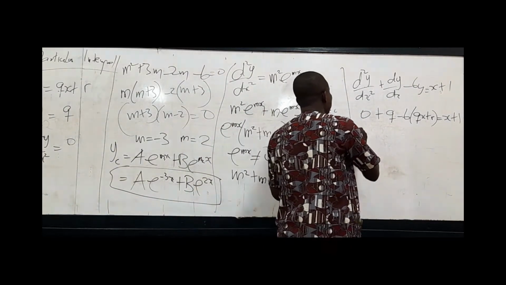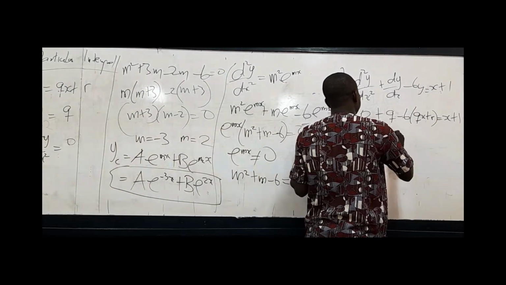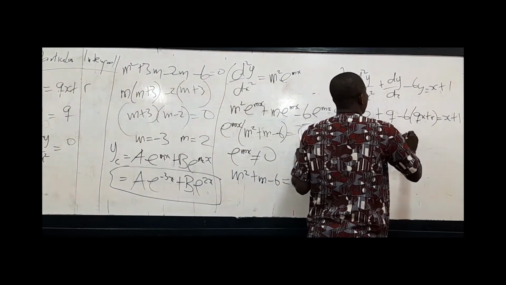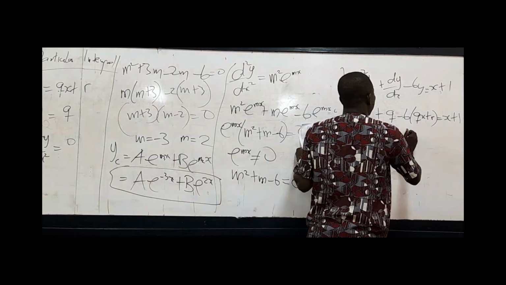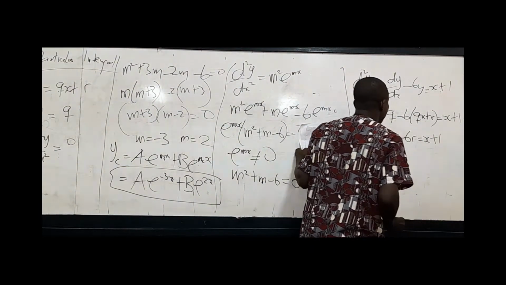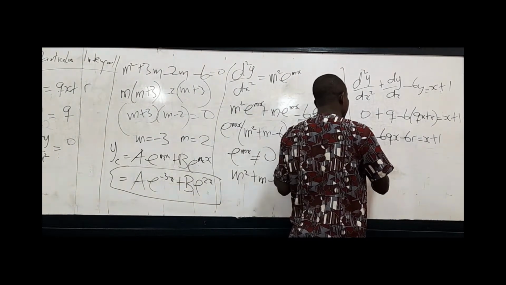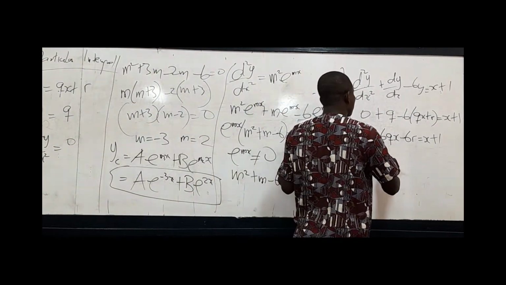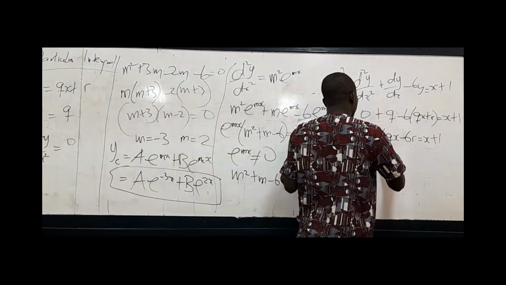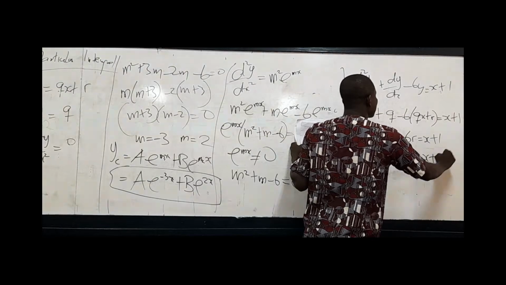This is what you are having now. If I open the bracket, I'm having q minus 6qx minus 6r is equal to x plus 1. Rearranging, I'm having minus 6qx plus q minus 6r is equal to x plus 1.